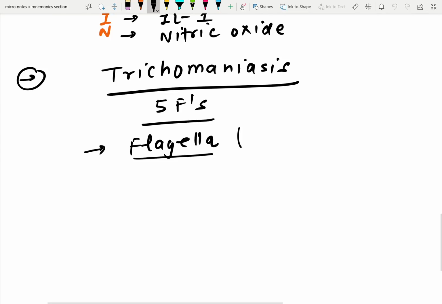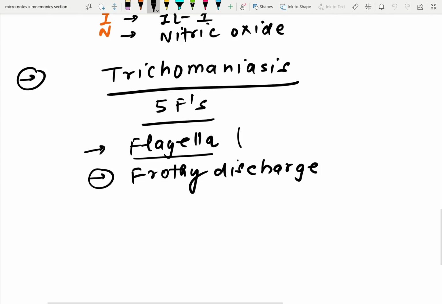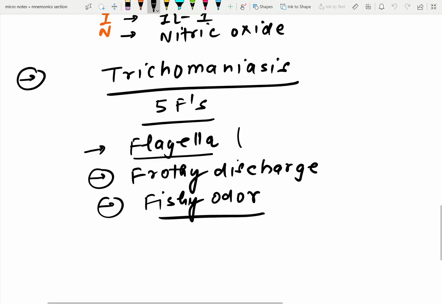And other than that, you need to remember it associates with frothy discharge. It associates with what? Frothy discharge, and this discharge is what? Greenish frothy discharge, that you need to remember. Okay, it associates with fishy odor sometimes, because fishy odor is there mostly in bacterial vaginosis and all, but here also you can remember sometimes it associates with fishy odor, right? Sometimes.